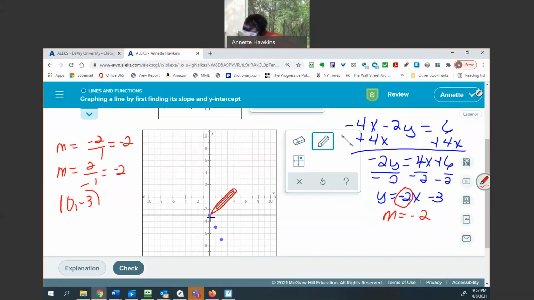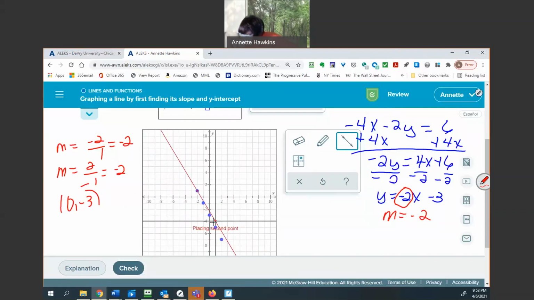Then I'm going to go back to this point. I'm going to use this slope right here. Go up 2, to the left 1. All right. Now I'm going to grab this. I'm going to go here.